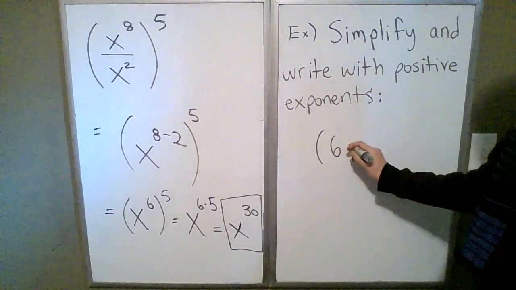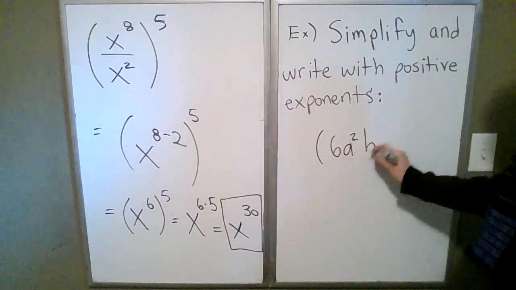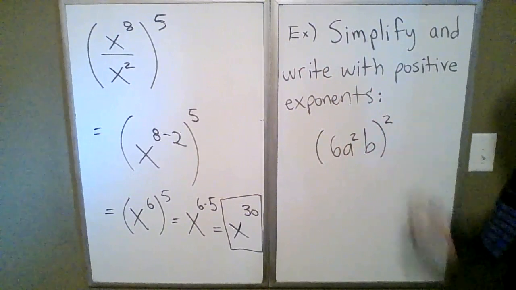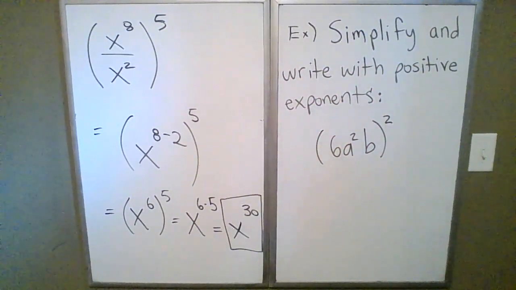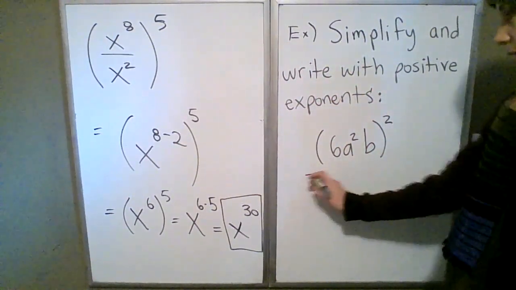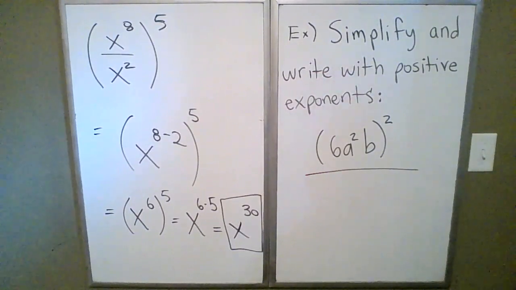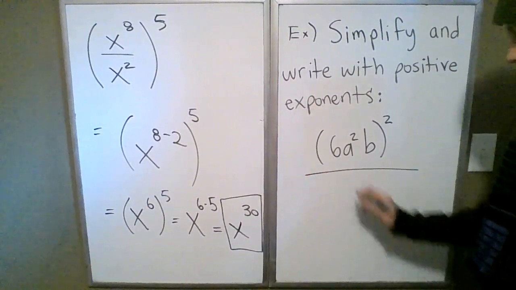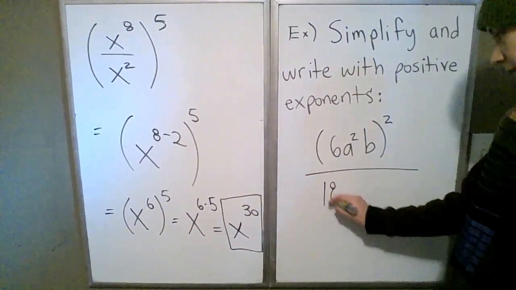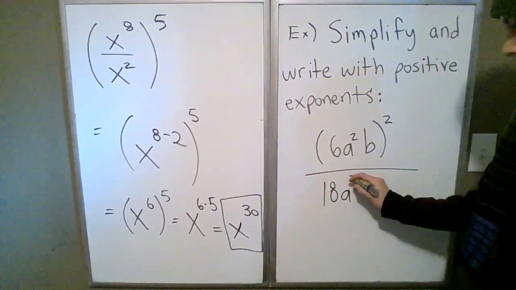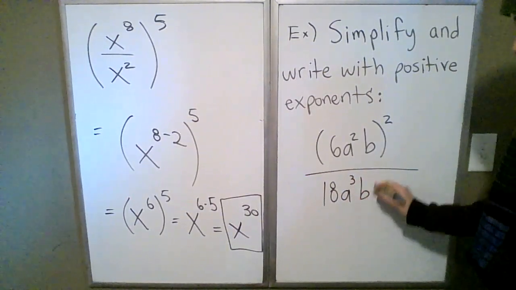There is 6a squared b, and it's all squared, divided by 18a cubed. And we're also going to put b with a power of 0.